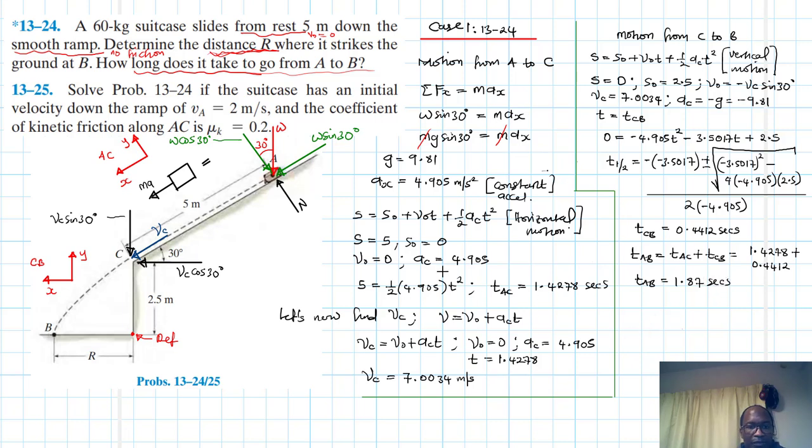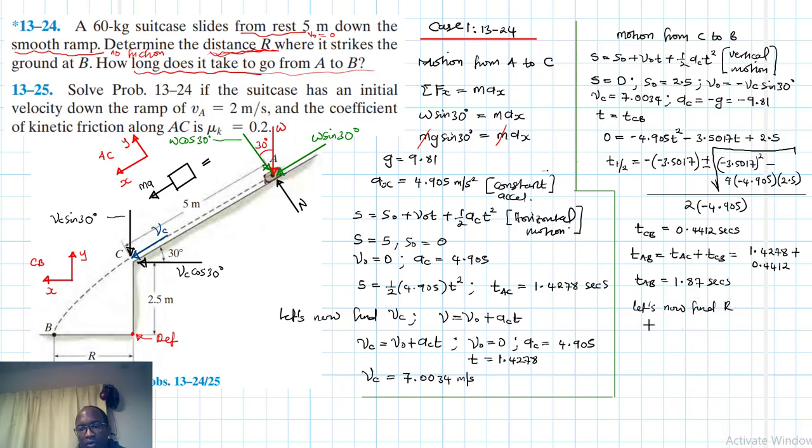Let's now find the range. We are going to use the same equation, S equal to S naught plus V naught T plus half AC T squared, and we are dealing with horizontal motion.